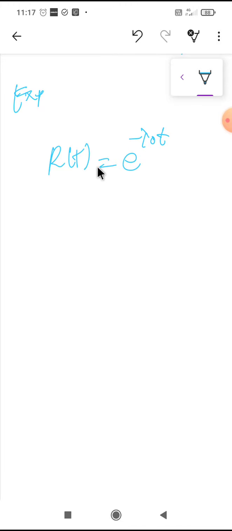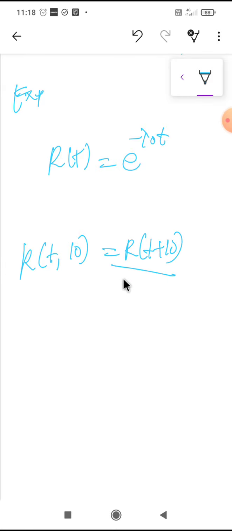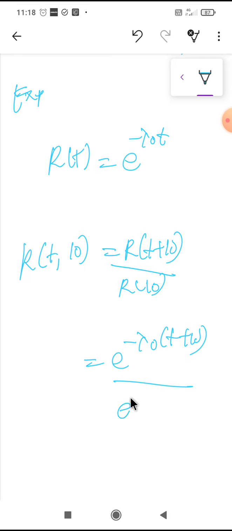So R of T given 10 is R of T plus 10 divided by R of 10. This will be equal to e raised to minus lambda 0 into T plus 10 divided by e raised to minus lambda 0 times 10, which will be equal to R of T. So the system reliability is as good as new regardless of the age of the system. This is the meaning of the example.